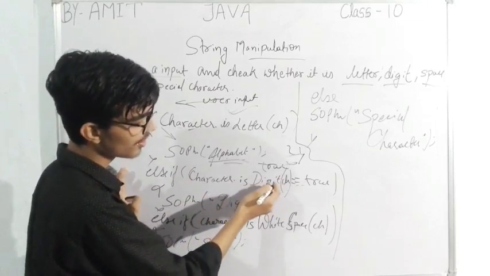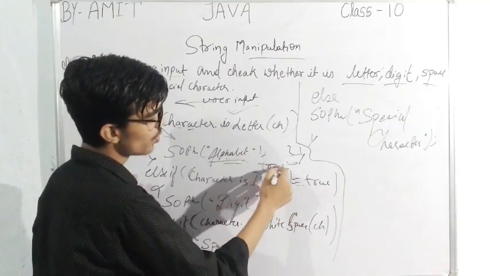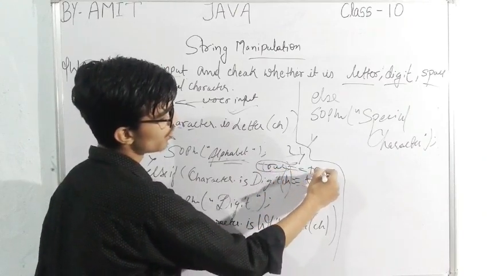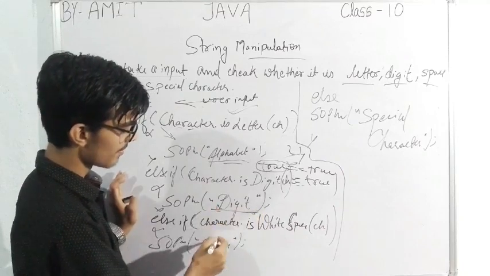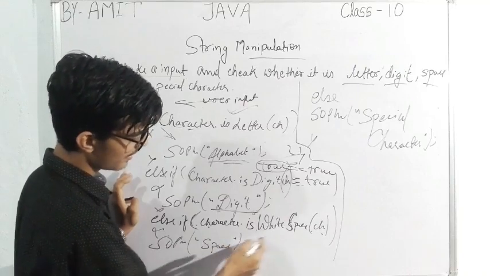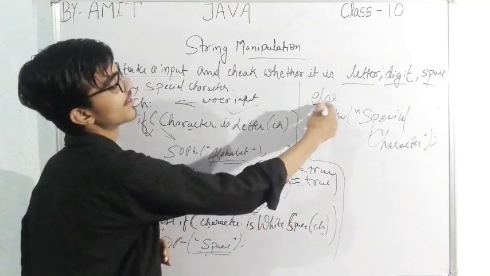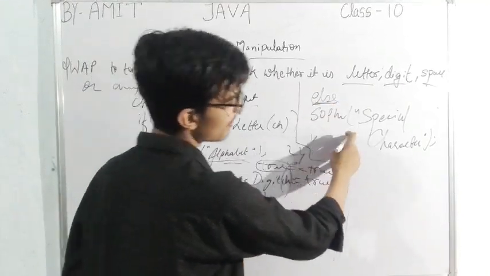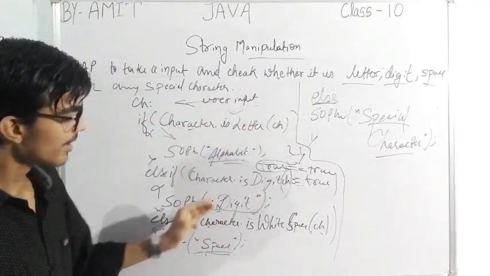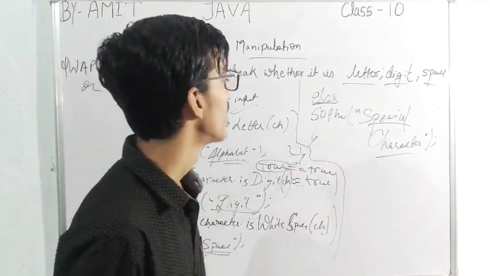Here we have written Character.isDigit(ch) == true, which means if this is true, it prints digit. Else if Character.isWhitespace(ch), it will print space. Or else it will print special character, because other than alphabets, digits and space, on the keyboard we have only special characters.